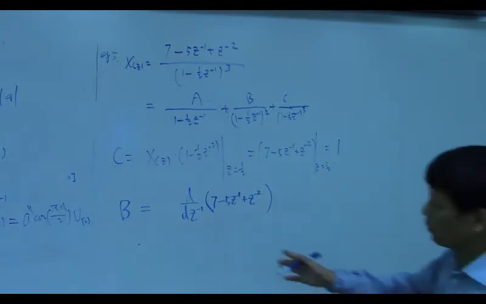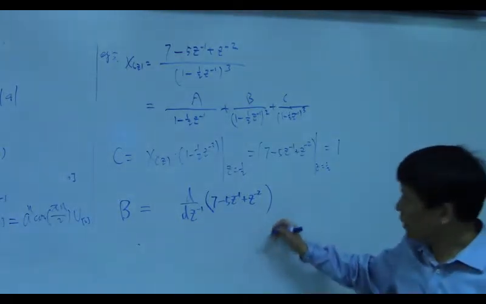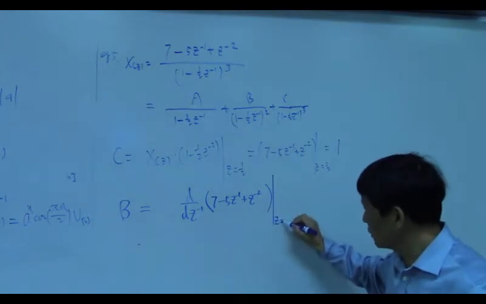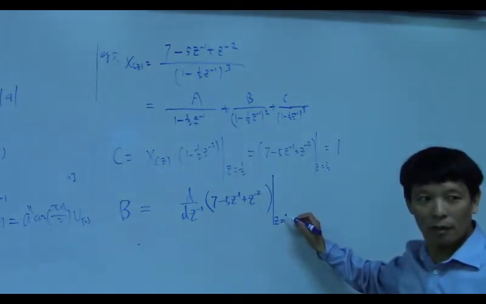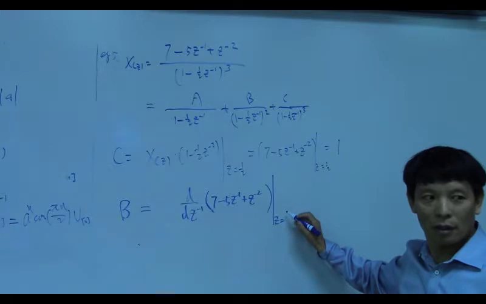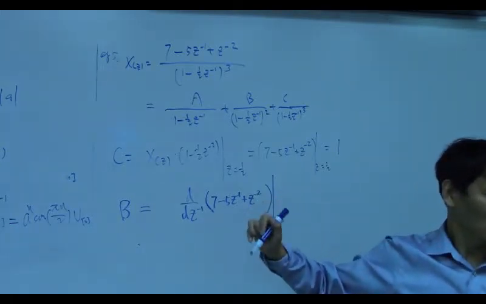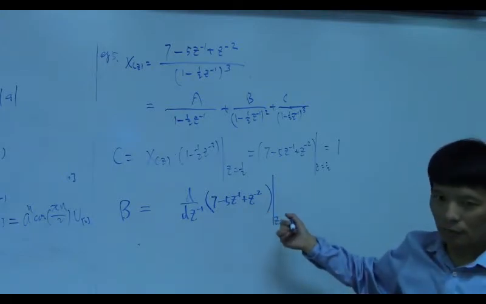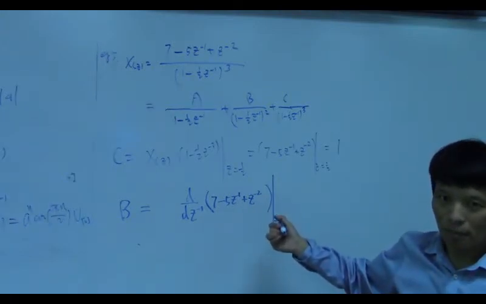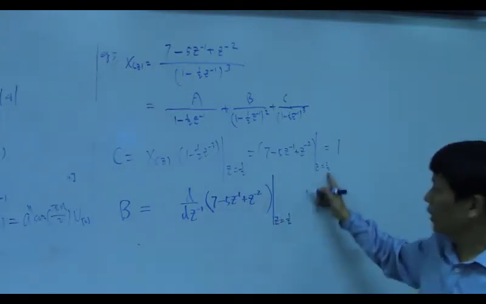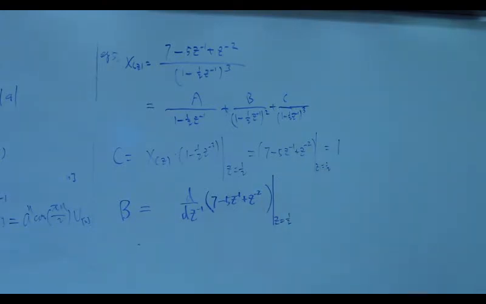After we evaluate the differentiation, we need to make z equal what? Half again, right? Same thing, because the half is the root. Now you need to pay attention here.